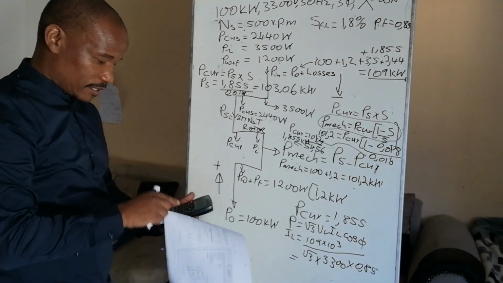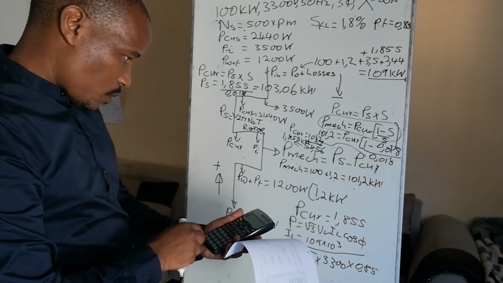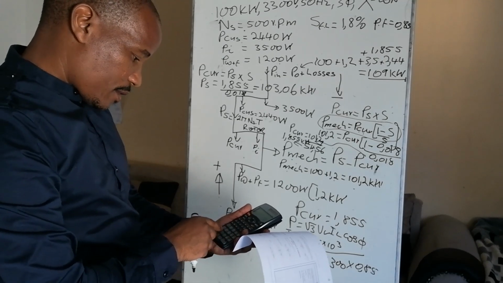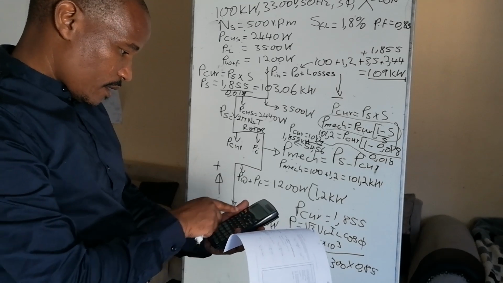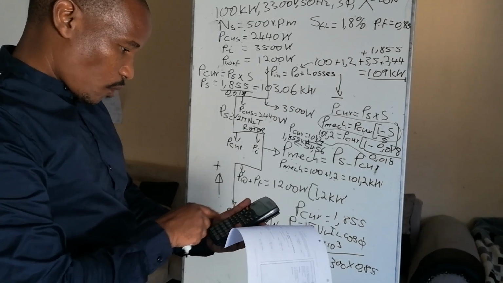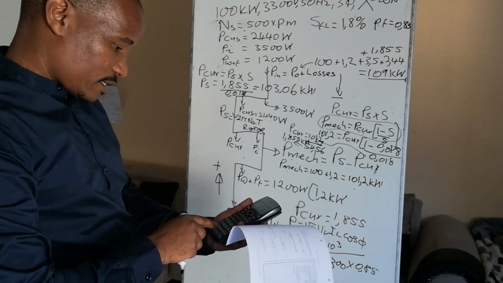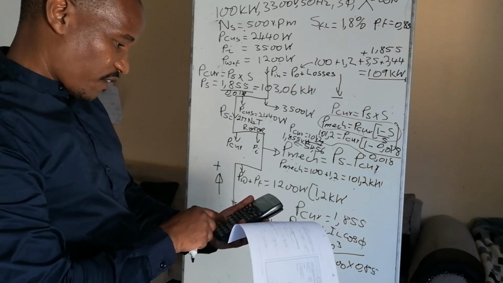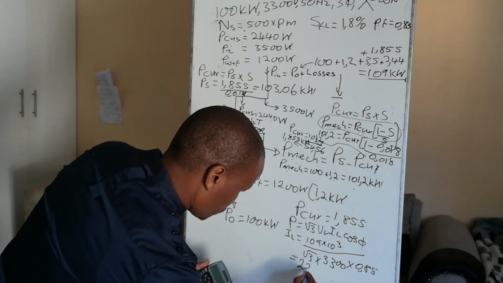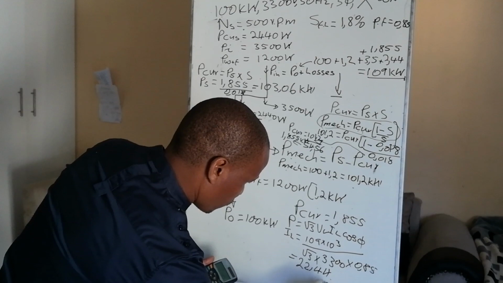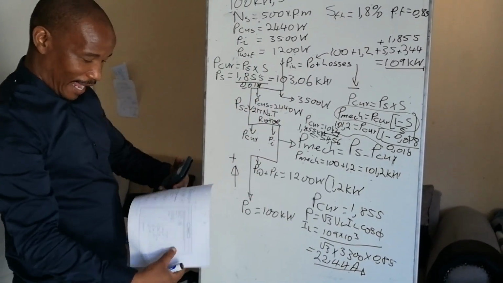And it's equal to 22.44 amps. This is the line current.